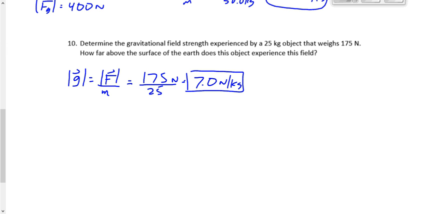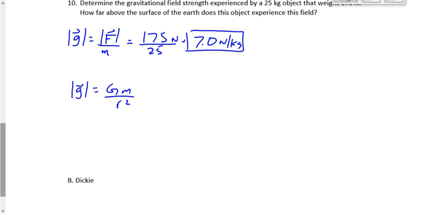Now, how far above the Earth's surface does it experience it? In the second part of this question, the Earth is the producer. Let's use the producer equation now for the second part. Big G is equal to GM over r squared. Now we want to find a distance, so let's rearrange this to solve for r. The r squared goes up, g goes down.